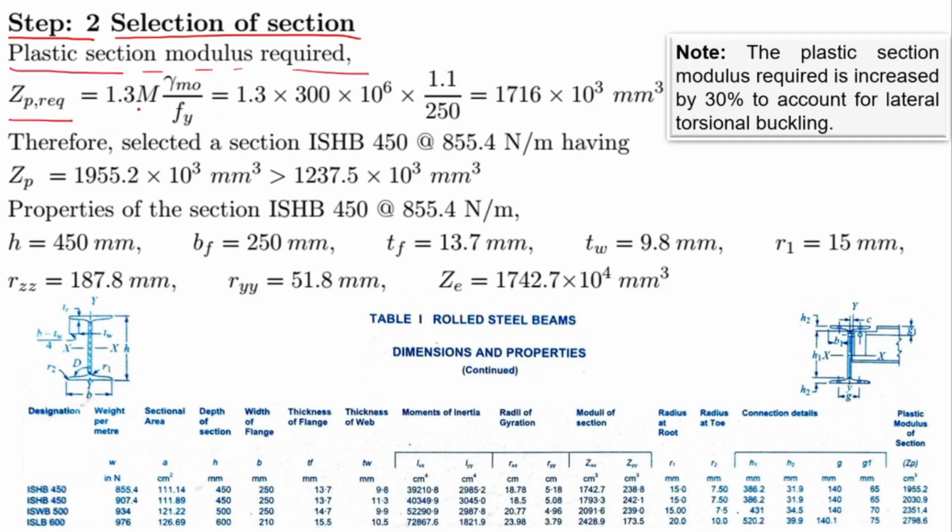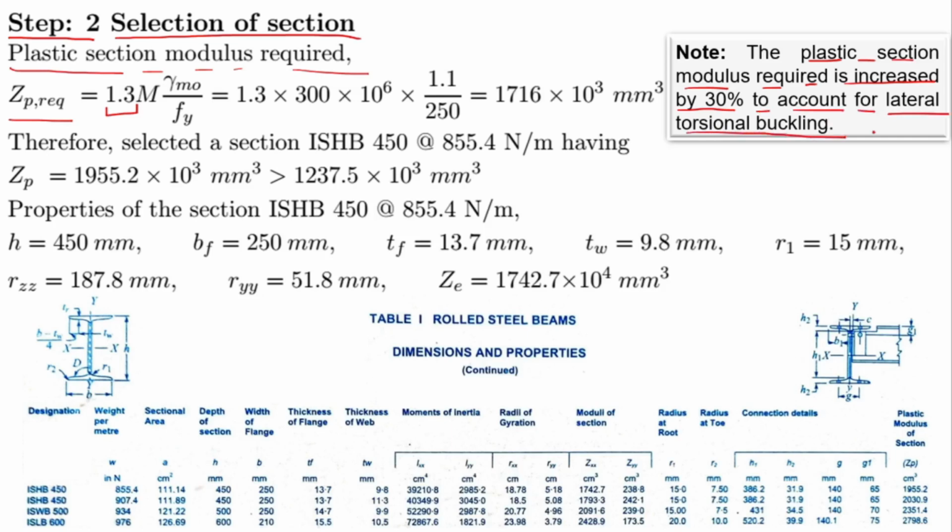Here we have increased the required plastic section modulus by 30%. That's why I have multiplied it by 1.3. If you see the note, the plastic section modulus required is increased by 30% to account for lateral torsional buckling.